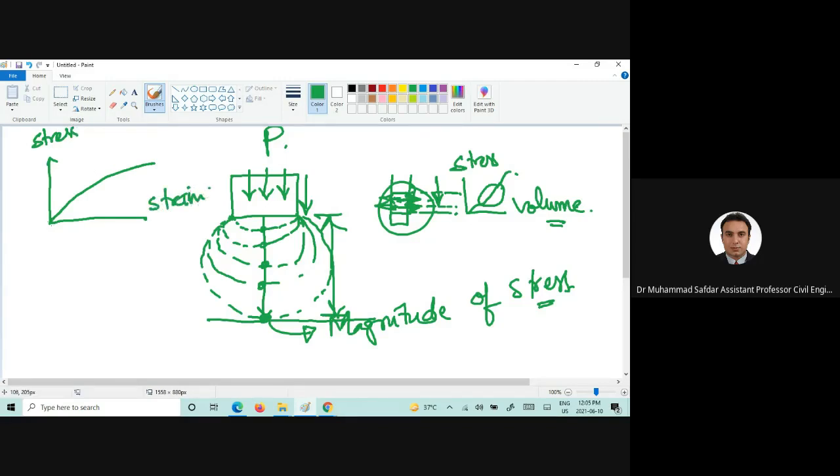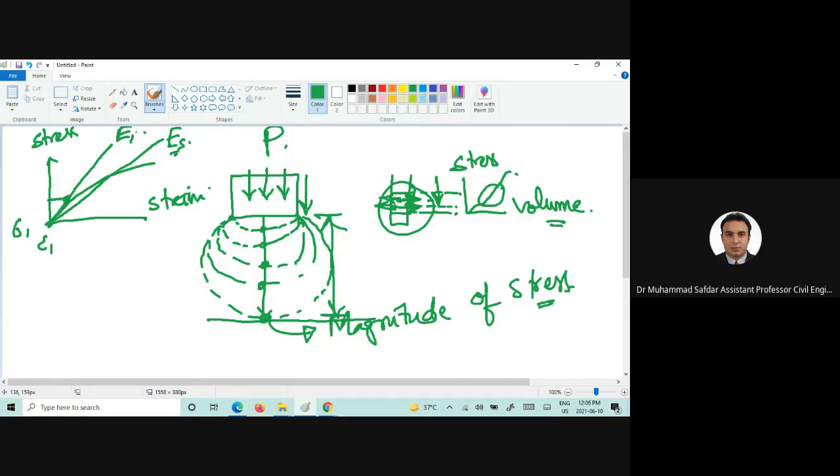If you want to find out the initial tangent modulus, call that Ei, or if you want to find out at a particular strain level the secant modulus, we can find that using the point E1, that's 0, and sigma 1, that is 0 as well.